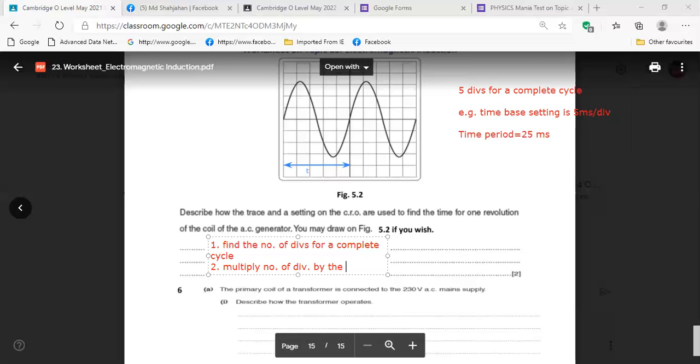Why don't you move this to here, then it will be in one line. So it's clear to you now. Yes, sir. This way we are applying the horizontal axis. Now next one.